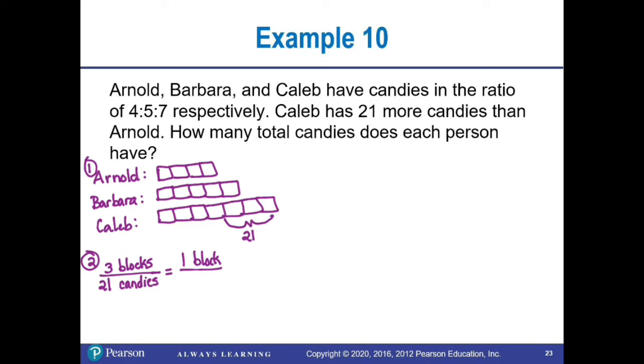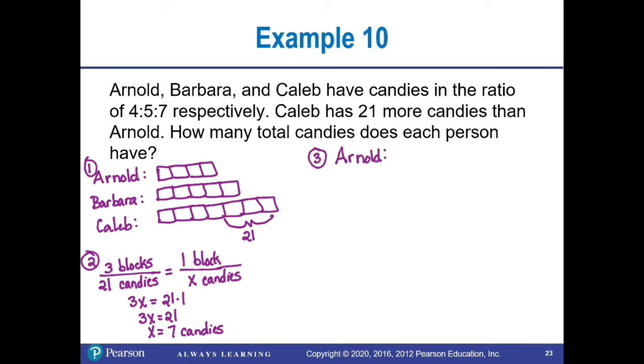Remember, a proportion says 2 ratios are equal. And the candies goes on bottom in both ratios. Use cross products. 3 times x equals 21 times 1. 21 times 1 is 21. Divide both sides by 3, so x is 7 candies.